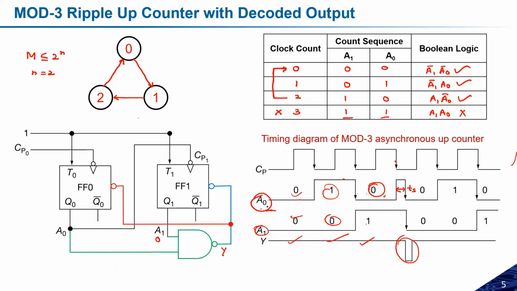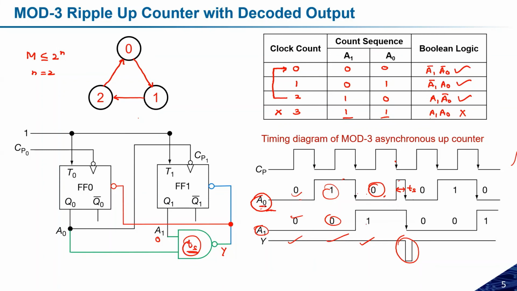But because this A0 is changing its state from 0 to 1, and this change is only because of this TS. TS is nothing but the delay of this AND gate, which will take some time to take the decision.